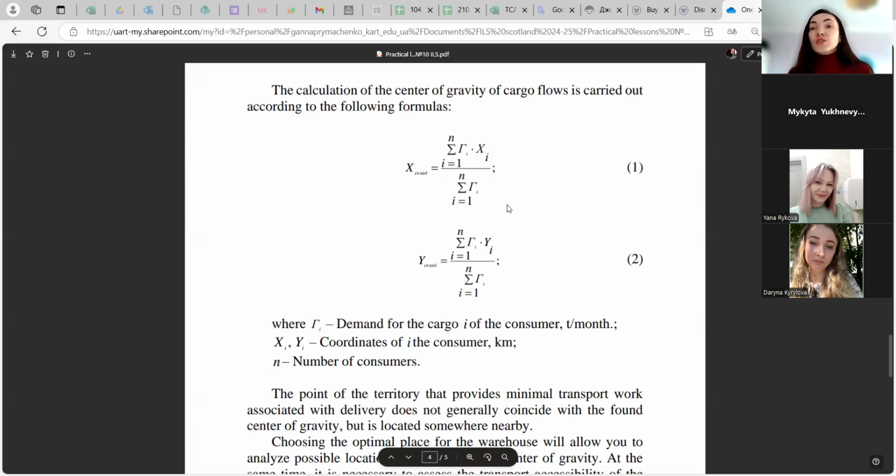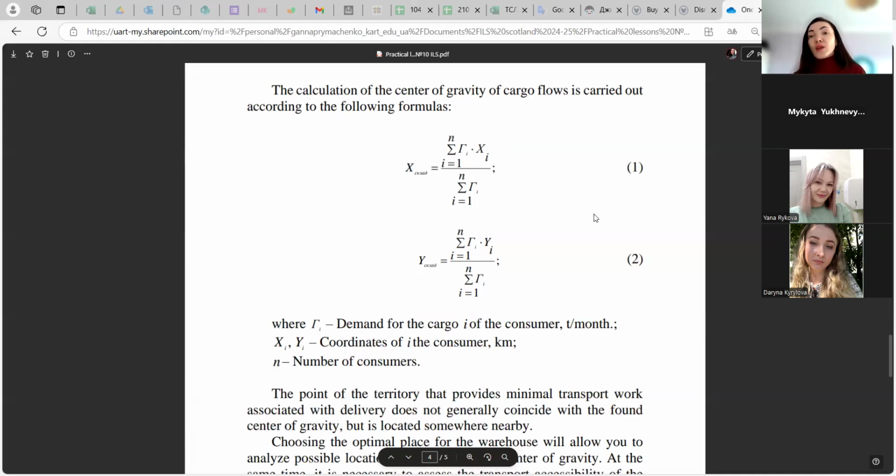So we find the X coordinate of our distribution center. It is equal to, and in our numerator, the upper part of our formula, we use such parameters as how much cargo each store needs, multiplied by the coordinate X for every store.